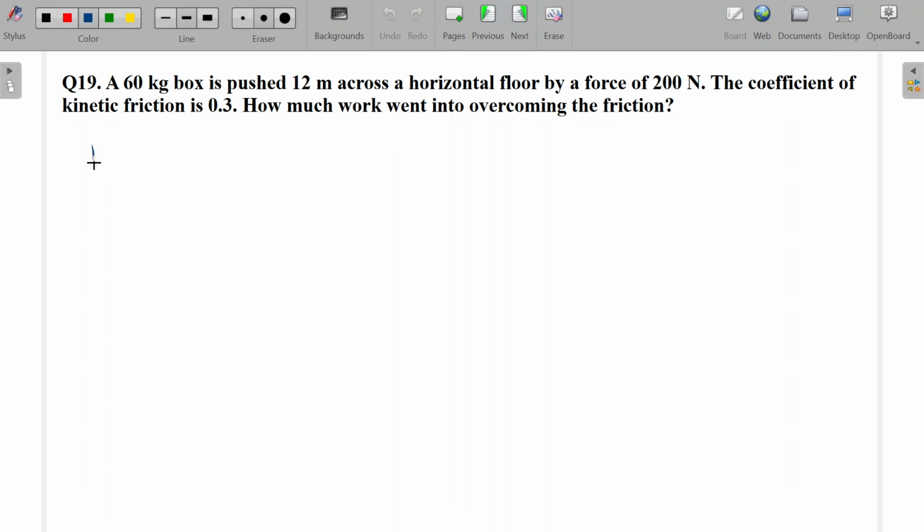Okay, so we know that there is work done by the object. There is some work which will be done by the object, but we also have a total work done. So work total is equal to the work done by the force minus the work done by the friction.